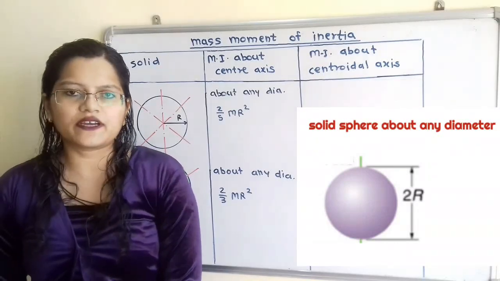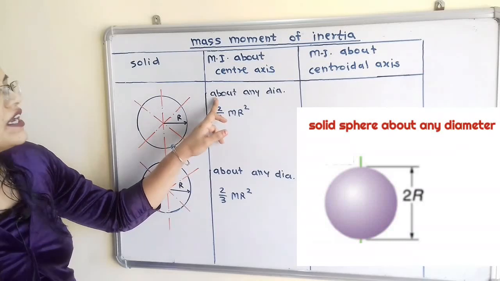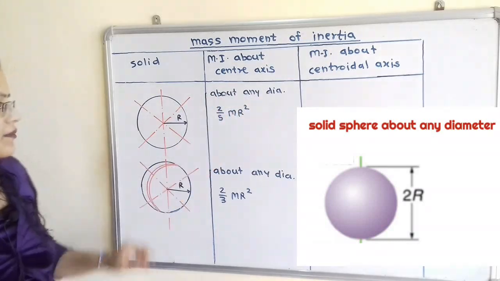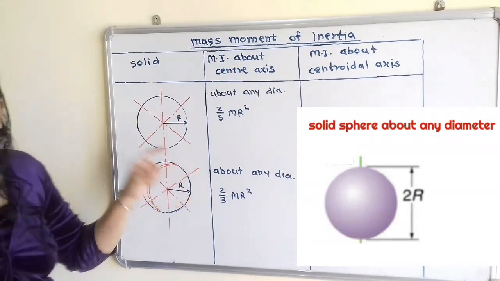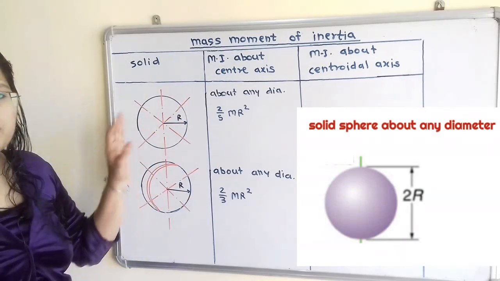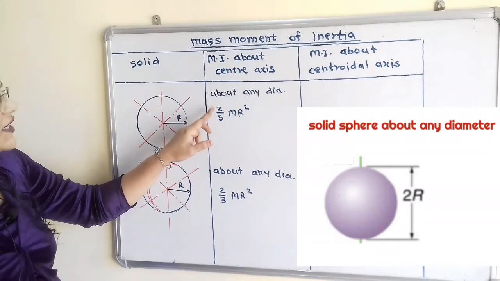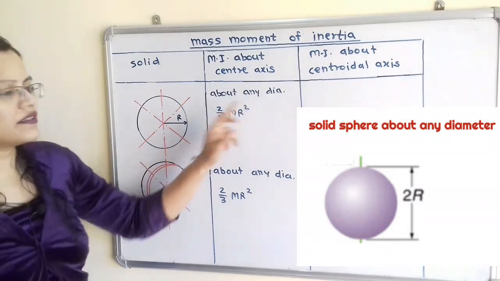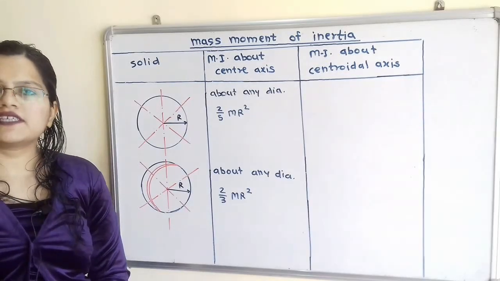For the solid sphere, we have to calculate the moment of inertia about any diameter. If we draw any axis passing through the center of the sphere, then the moment of inertia about that axis is equal to 2 by 5 mr square. The next solid is the thin spherical shell.